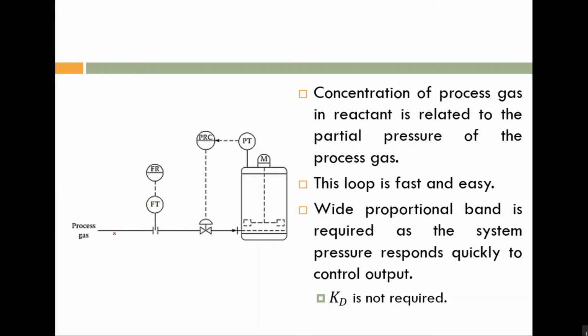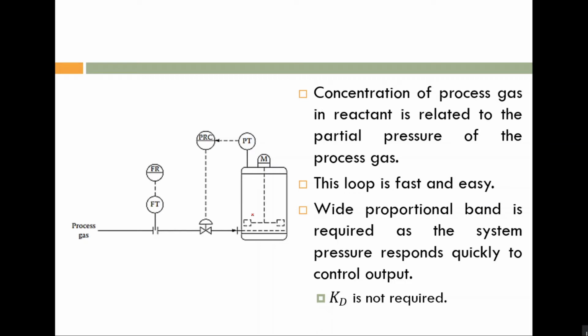Process gas means feed. It is controlling the feed rate. The flow rate of the gas involved in the feed is manipulated by the PRC with respect to the pressure inside the chemical reactor. Is it okay?